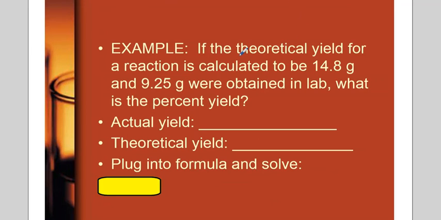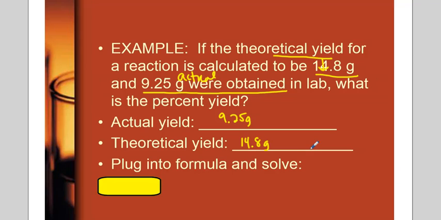If the theoretical yield for a reaction is 14.8, so theoretical yield is 14.8, 9.25 grams were obtained. So look for words like were obtained, were made, were produced. That's going to help you find your actual yield. So actual yield is 9.25 grams. Theoretical yield is 14.8.